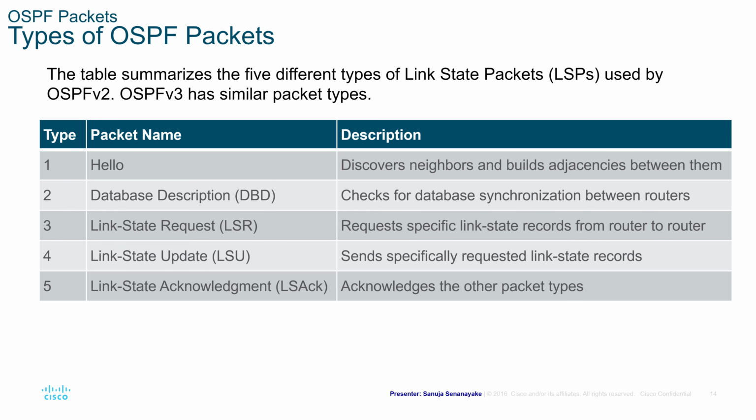The link state request, also known as LSR, requests specific link state records from router to router. Link state update, also known as LSU, sends specifically requested link state records. Link state acknowledgement, also known as LSACK, acknowledges the other packet types. So this basically acknowledges the receiving of these packets.